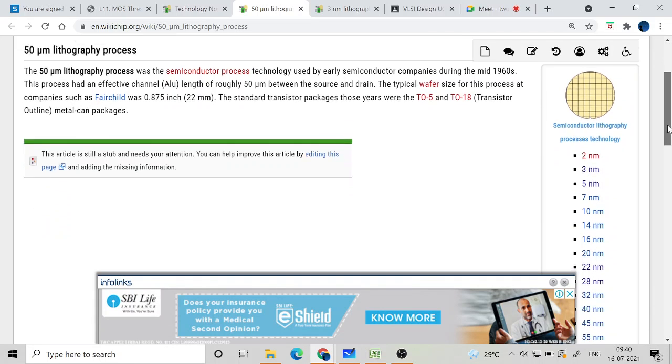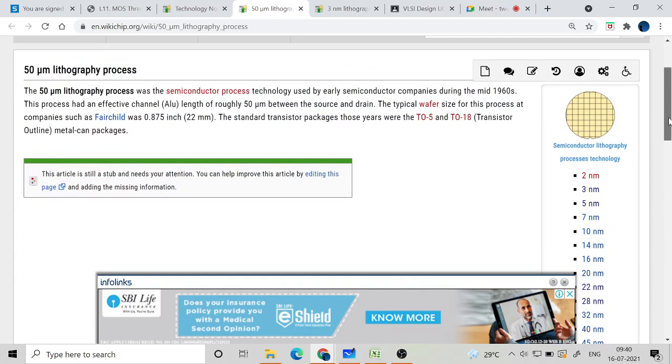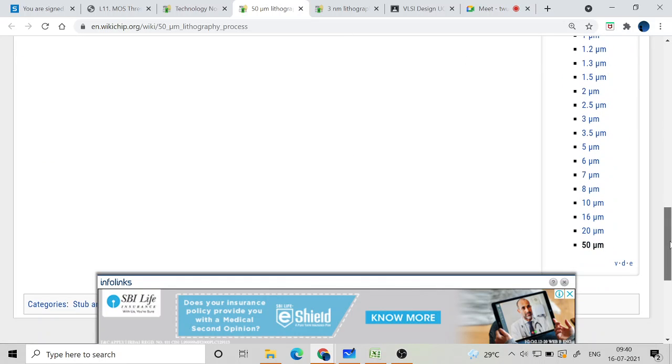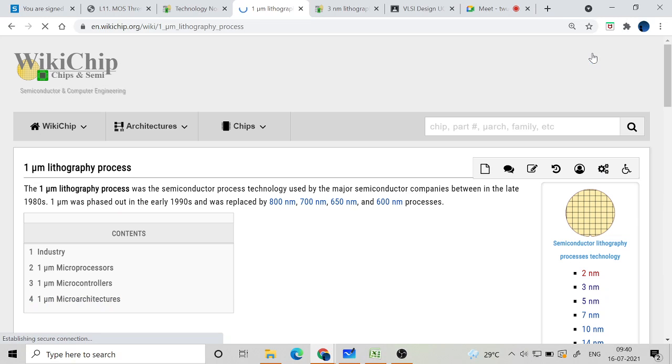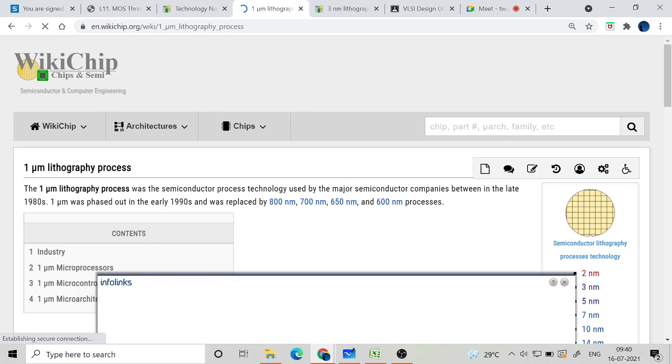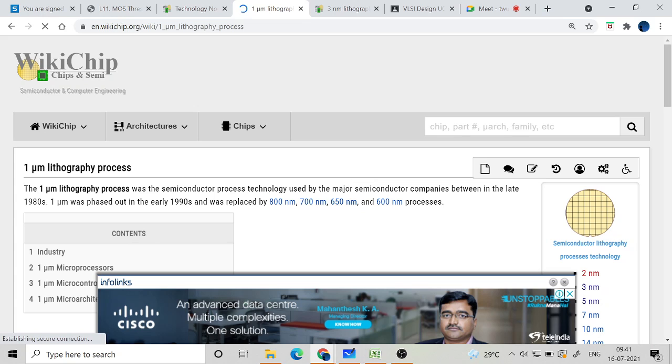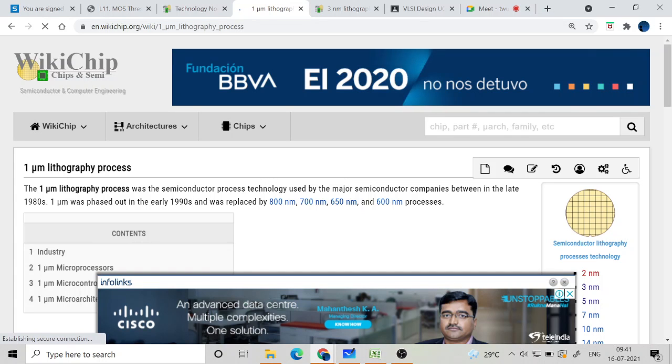Some details you can get here on which companies were manufacturing. There are not many. Here it is talking about a company called Fairchild, which was a prominent company in those days. Now if you go to other technology nodes, say for example 1 micrometer, this was in the 1980s, 1990.